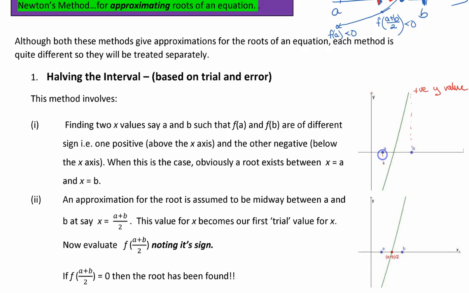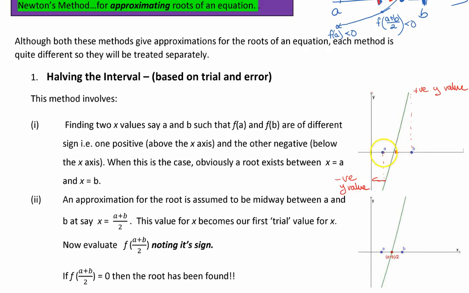And if we sub a into our function, we're clearly getting a negative y value. So if our function over this interval from a to b went from a negative y, that means the graph was below the x-axis, to a positive, above the x-axis, it clearly crossed the axis. That's called the root.